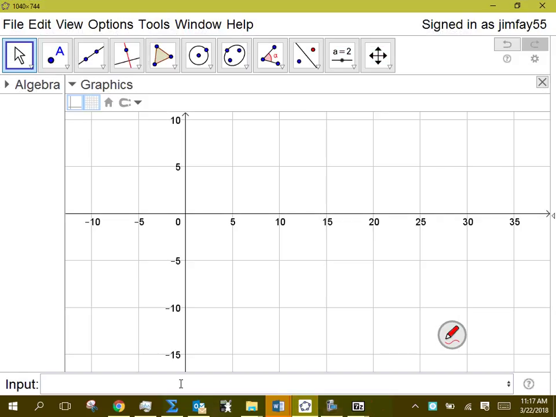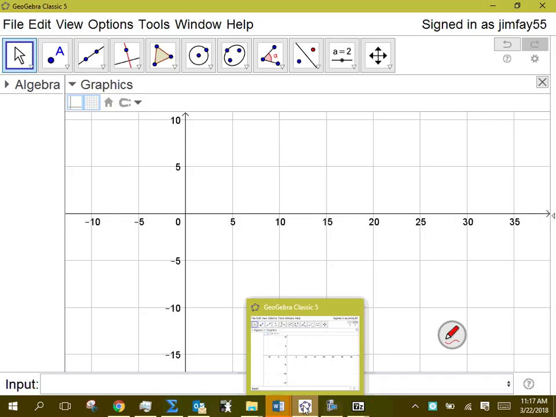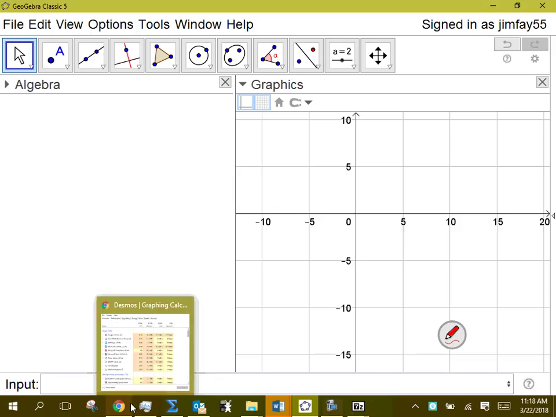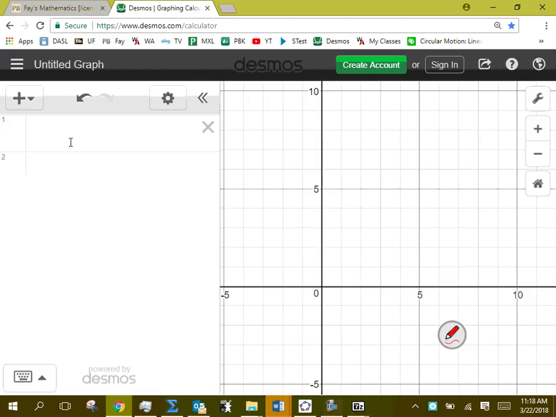However, in GeoGebra, the way you type that in, it's going to look very much like you would on a TI-83 or 4. It doesn't convert right into math print. Once you're typing in, you have to hit enter, and then you see whether you've typed it in the way you want it to. It is still superior, I think, to the TI-83 or 4 because that never shows you in math print whether you've typed it in the way you thought you should or not.